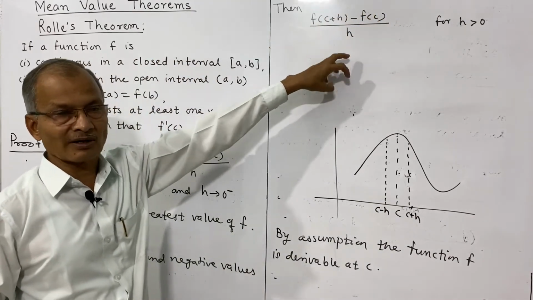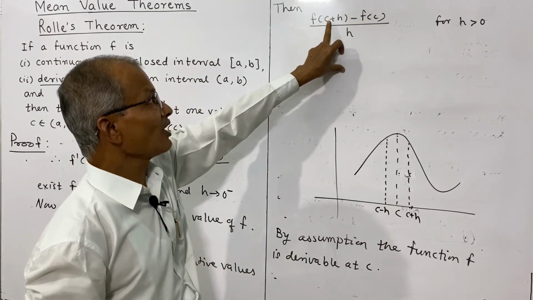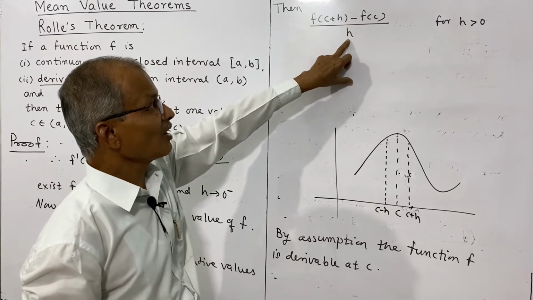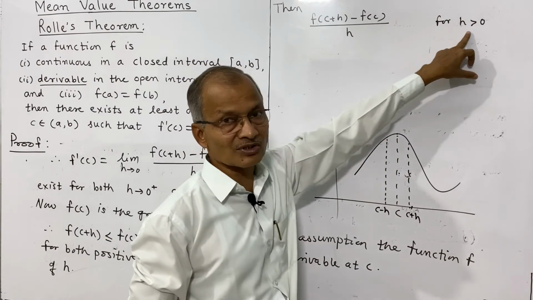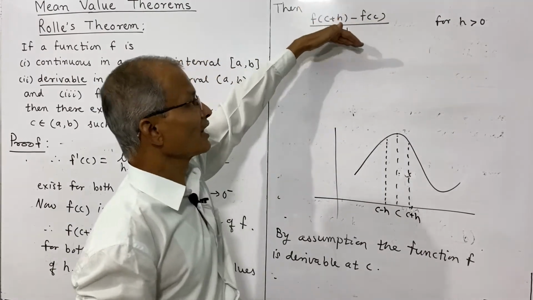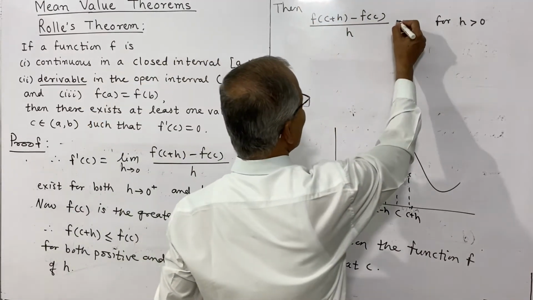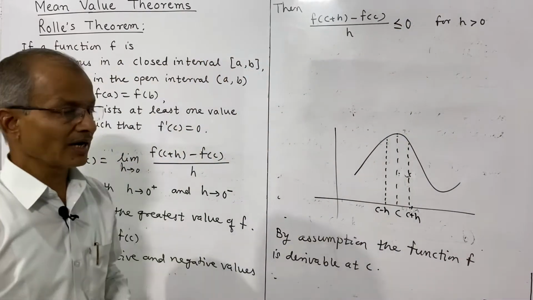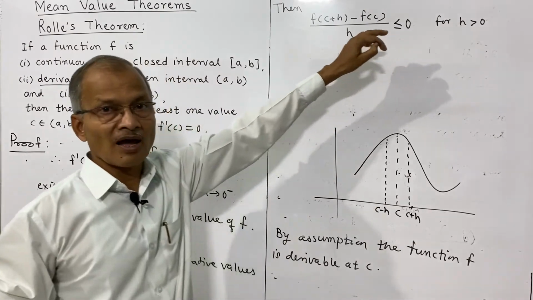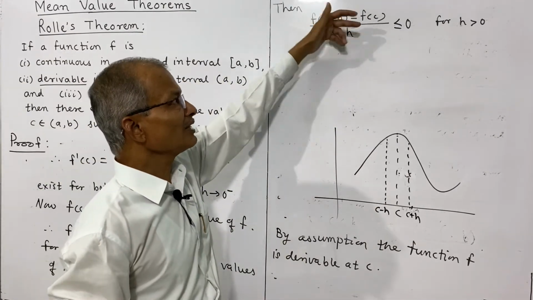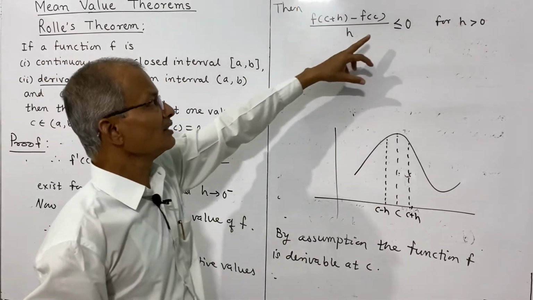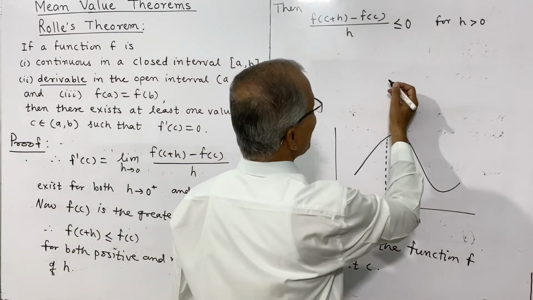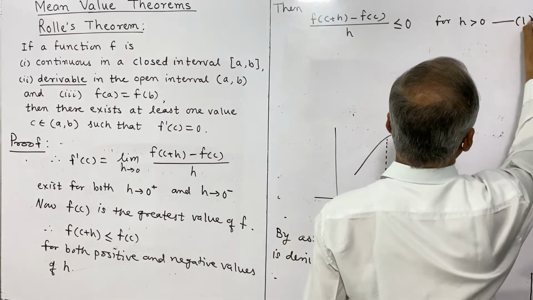At the denominator, h is assumed positive. So negative divided by positive is negative, or we have to write this as less than or equal to 0. If these two are equal then it will be 0, and if not it is less than 0. So this is the case for h greater than 0, and we may suppose this as 1.